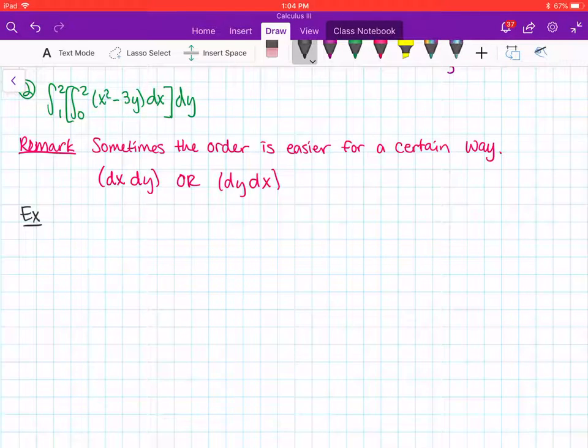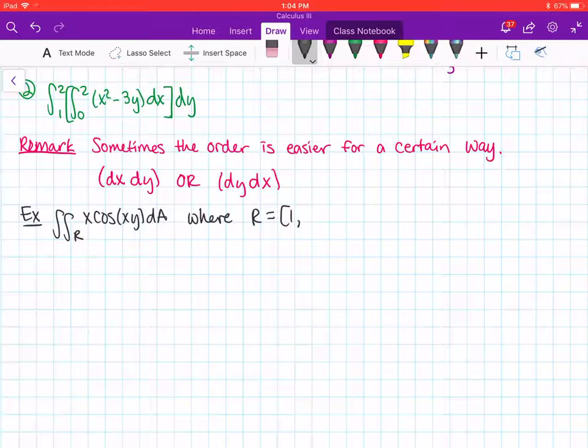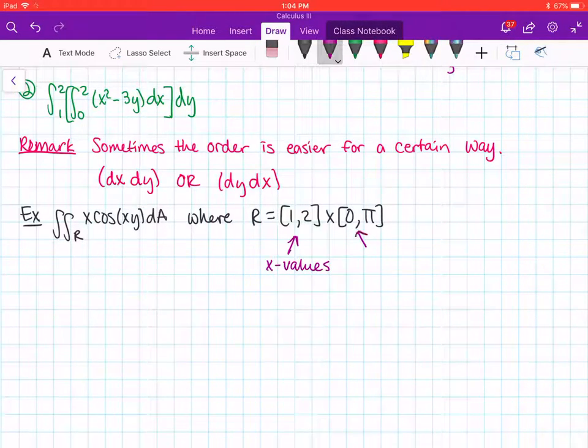So we're going to start out with our double integral over R of x cosine xy dA, where R equals 1 to 2 cross 0 to pi. Now this notation means these are the x values and these are the y values. Okay, so we're going to try out this first way.